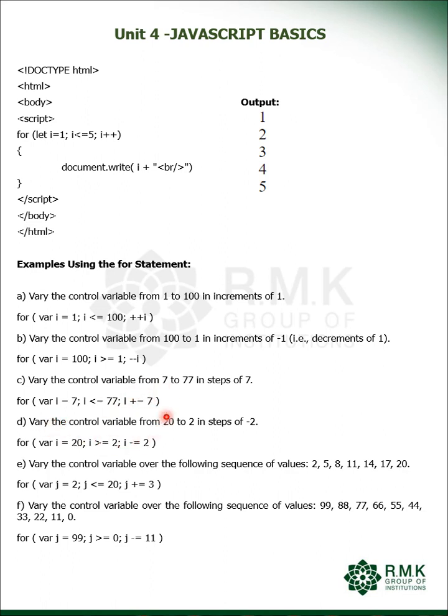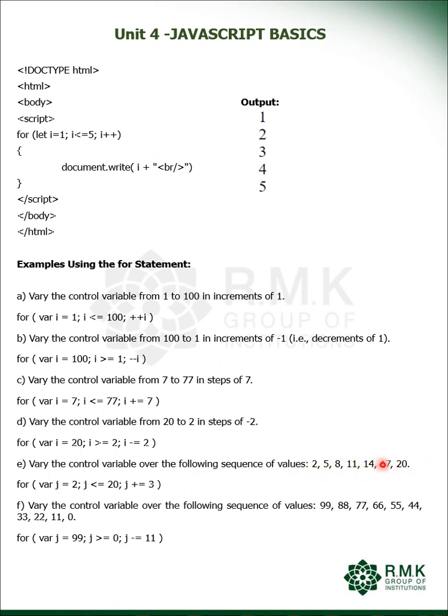Again, from 20 to 2 in steps of minus 2 means i minus equal to 2. From 20, it must be displayed till 2. One more thing you have to see: the condition must be greater than or equal to if we are using the decrement operator. Vary the control variable over the following sequences: 2, 5, 8, 11, 20.